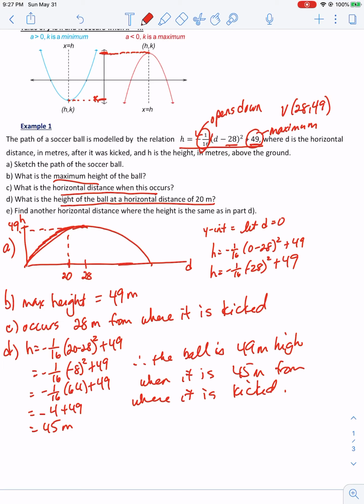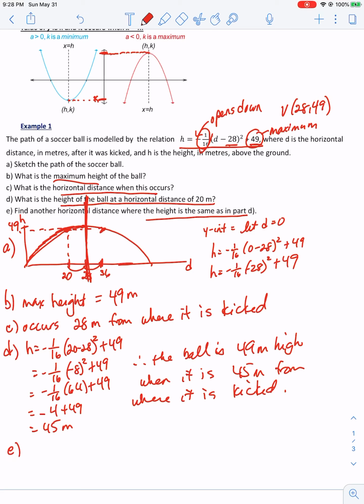And find another horizontal distance where the height is the same as in part D. Well, since the parabola is symmetric, that means that the distance on this side, which is 8 units, is going to be the same on this side. So remember, this is your axis of symmetry right here. The parabola looks the same on both sides of that axis. So 28 plus 8 equals 36.